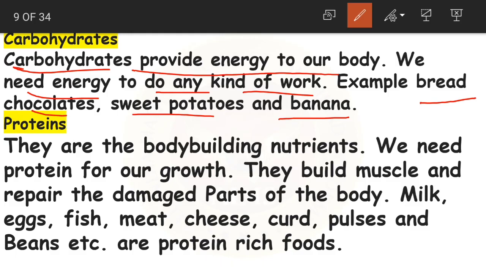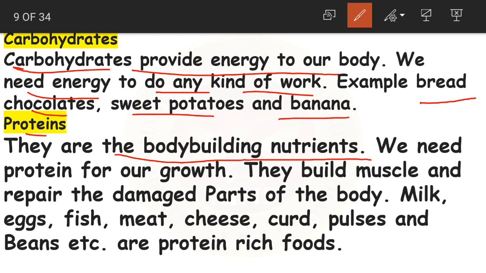Okay. And the next one is proteins. So what are proteins? They are the body building nutrients, like to have a good body, to have growth, if you want to increase your height, increase your weight.